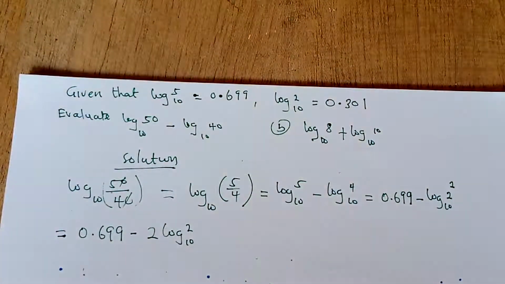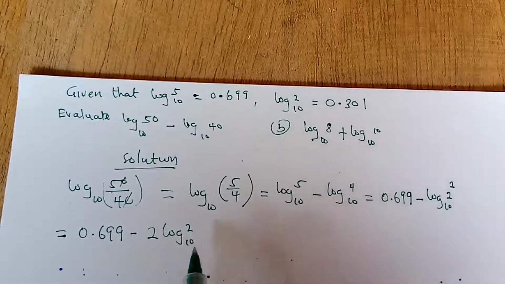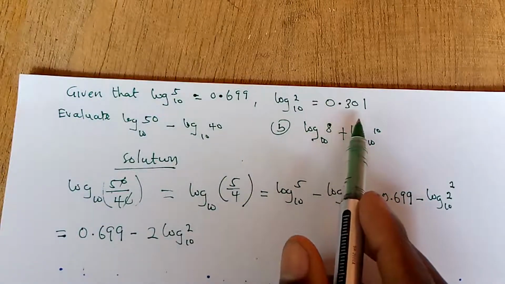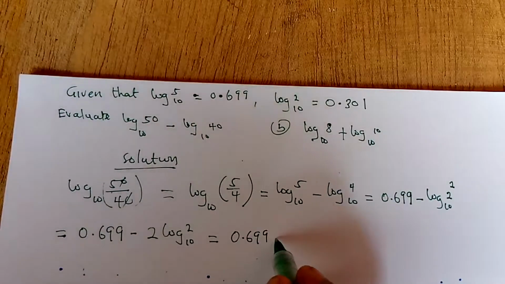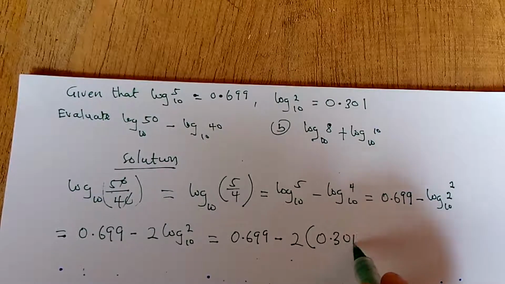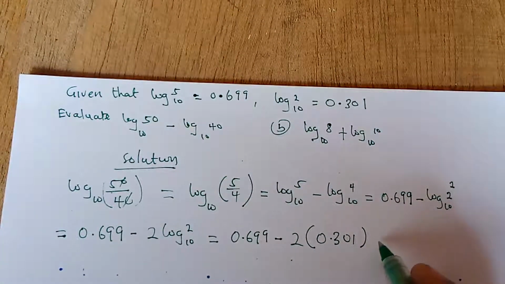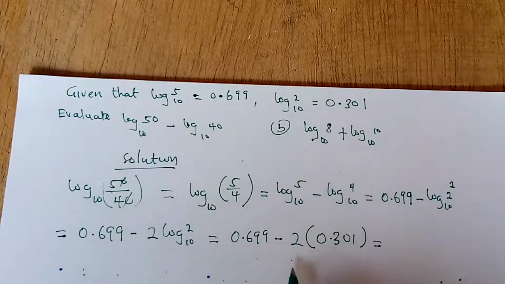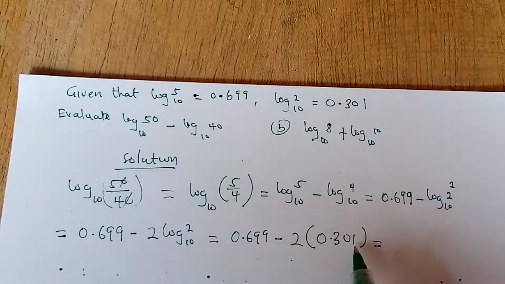Perfect. So what is the value of log 2 to the base 10? It's 0.301. So I can say that I have 0.699 minus 2 multiplying 0.301. Let's simplify this one. 2 times 0.301 will give me 0.602.